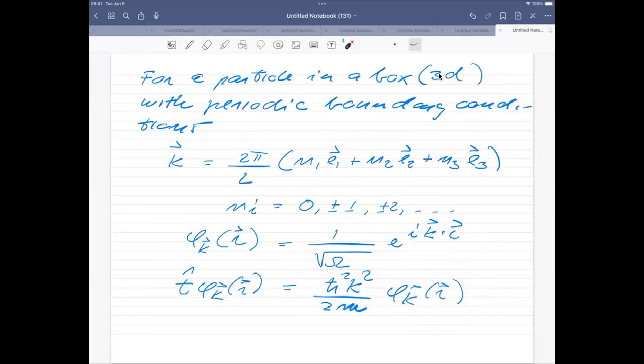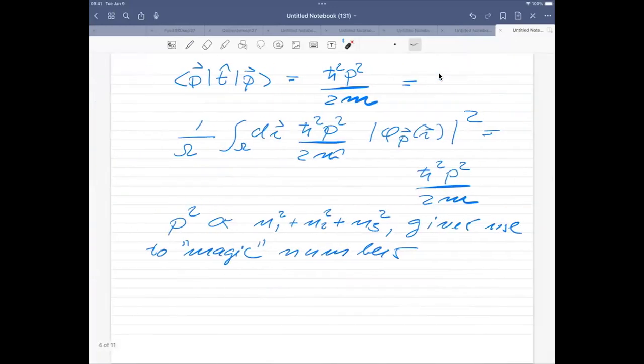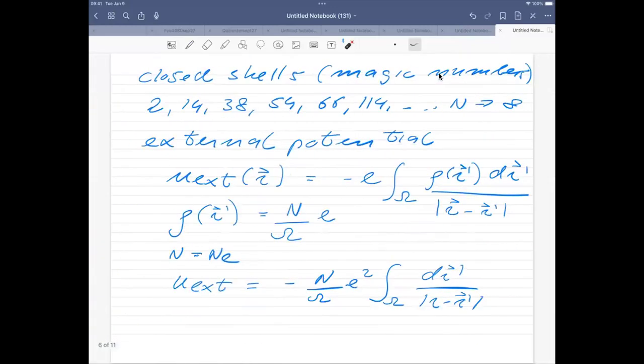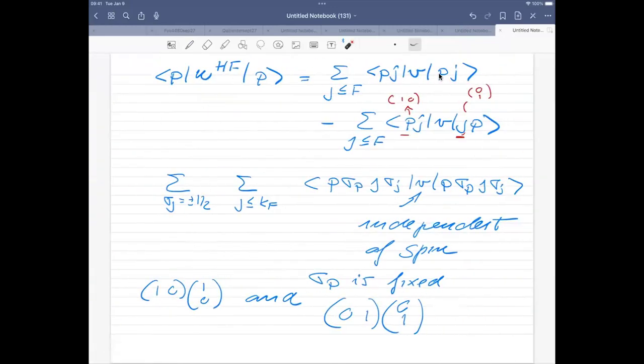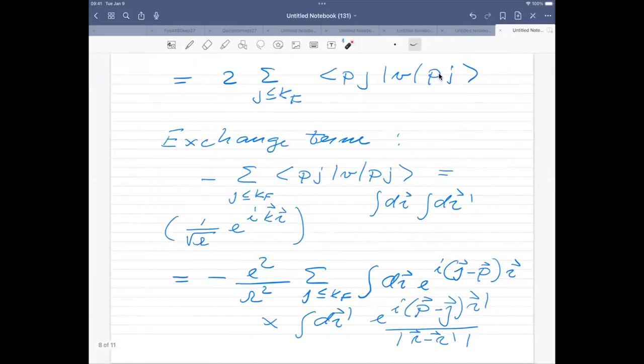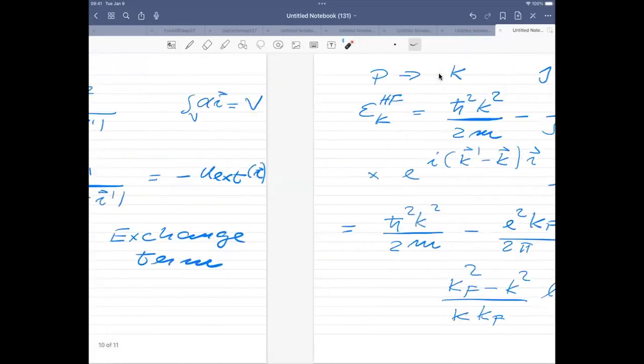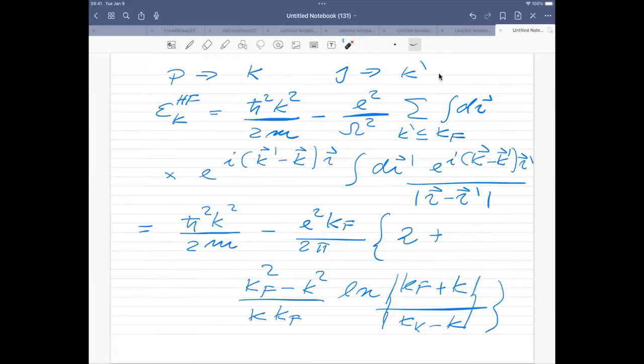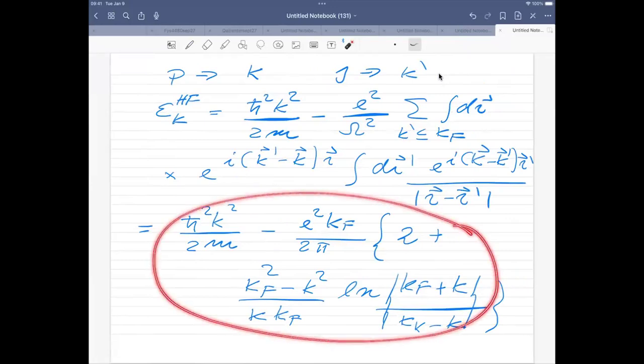You can show that, but we will not do that here. We are just going to state that this is the case. Then the only thing which we need to do is to find the updated energies. So we can use a plane wave solution as the Hartree-Fock solution for the wave function, but we need now to find the Hartree-Fock energies. That means that we need to show this equation here.